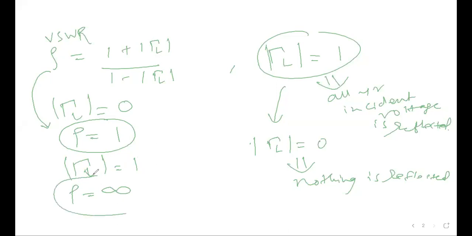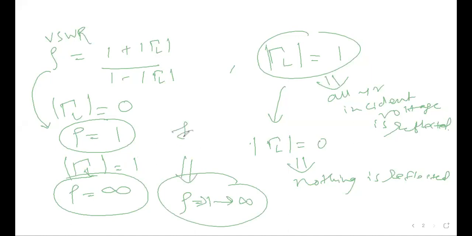So that is why our rho varies from 1 to infinite, and that is why we say VSWR is an indicator of reflection coefficient. I hope this VSWR concept is clear to you all, students?